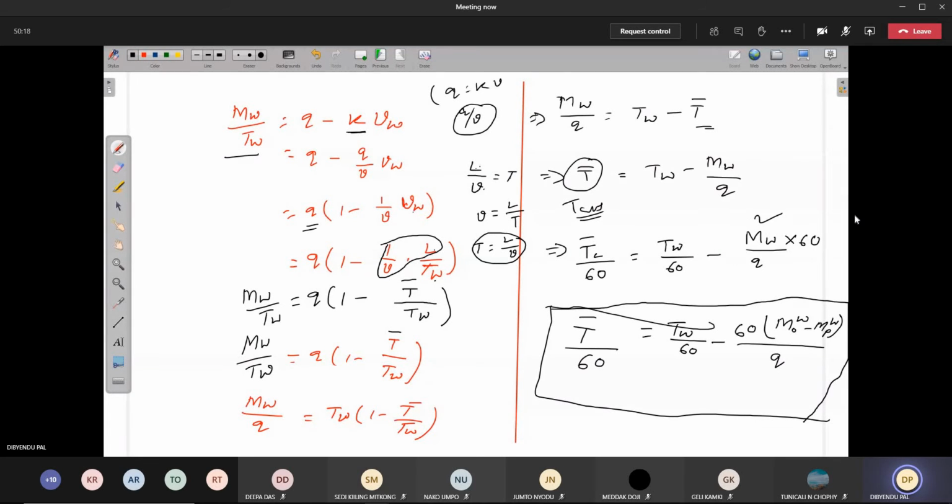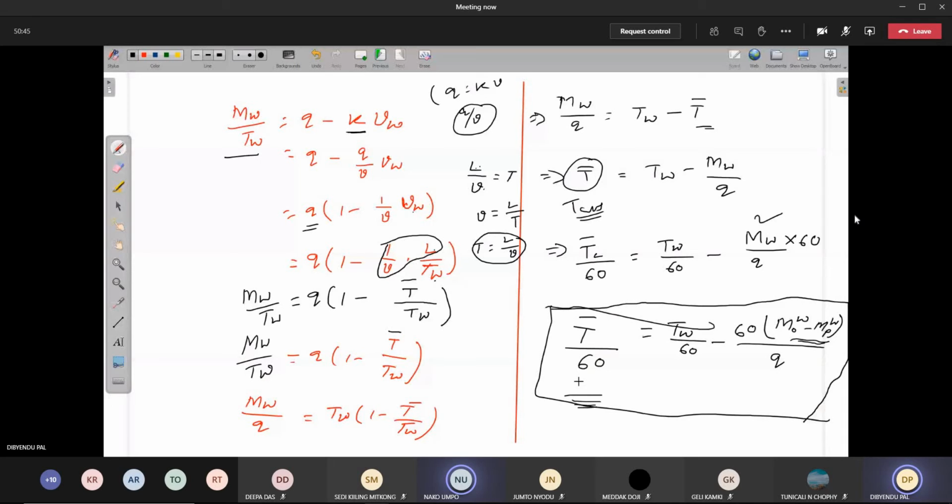This MW is basically the difference between the vehicles that overtook the test vehicle and the vehicles the test vehicle overtakes. This is the derivation of the average travel time. The same thing I wrote in the last class, I will show you. If you have any issue here, you can ask me.